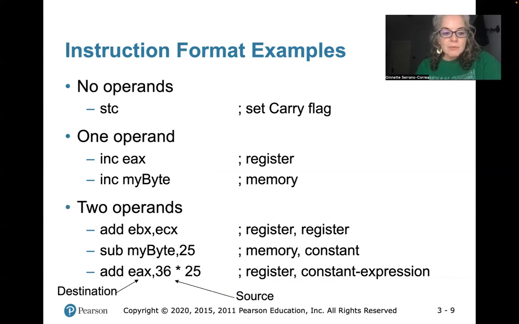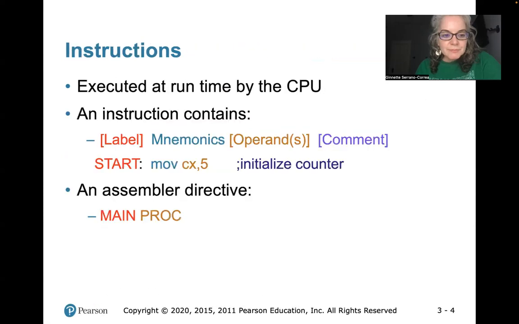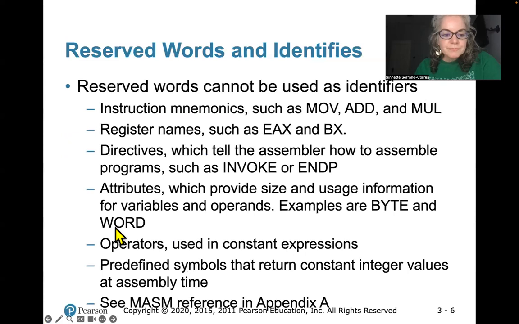Instruction format examples. So here we have a label that does not have any operands. So we can see that, we can do that. Here we have a label that has 1 operand. I'm sorry, I keep calling it label. So if we go back to here, it's going to be either a mnemonic like this, or a directive.